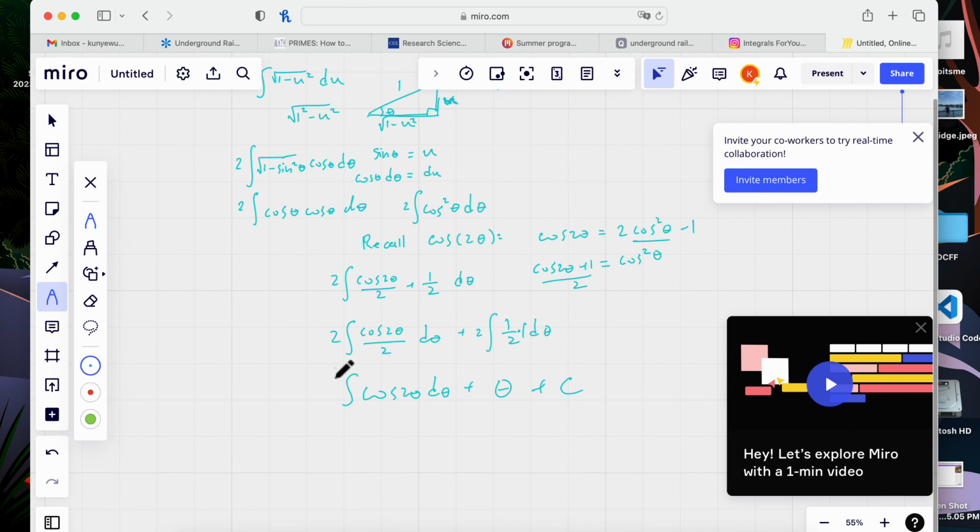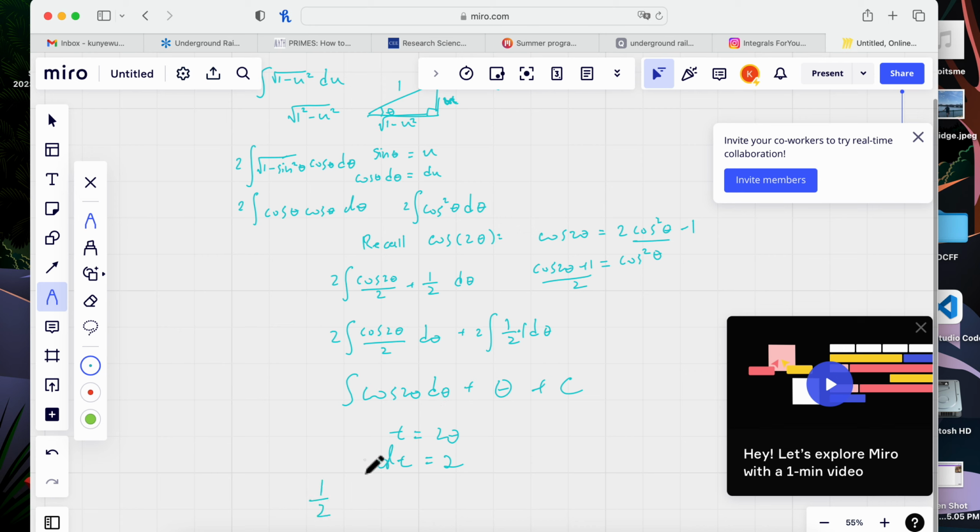Now we just need to solve the integral of cosine 2 theta. I'm going to let a different variable be 2 theta. I'm going to let t equal 2 theta. So dt is going to be 2 d theta. I need to add a 2 somewhere in this integral without changing anything, so I need to multiply the whole thing by 1/2.